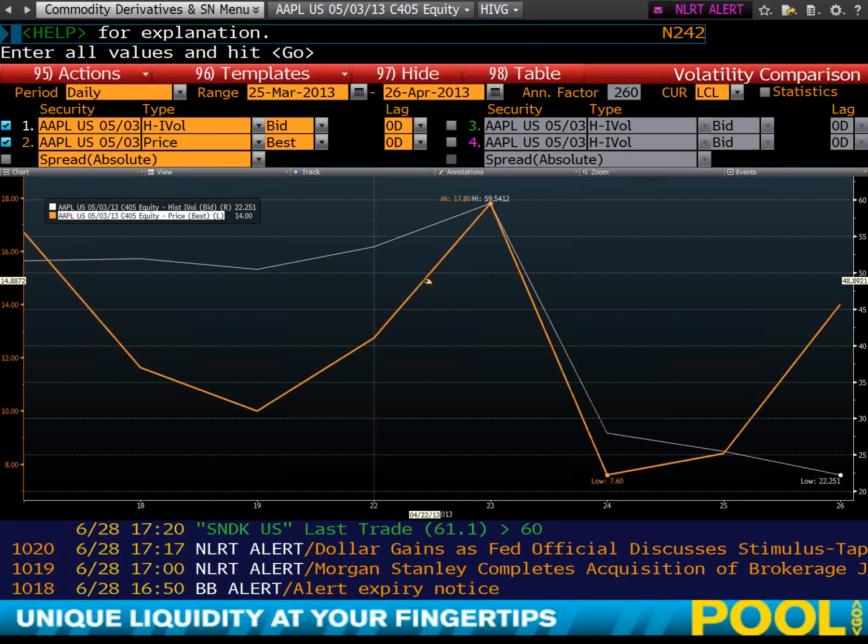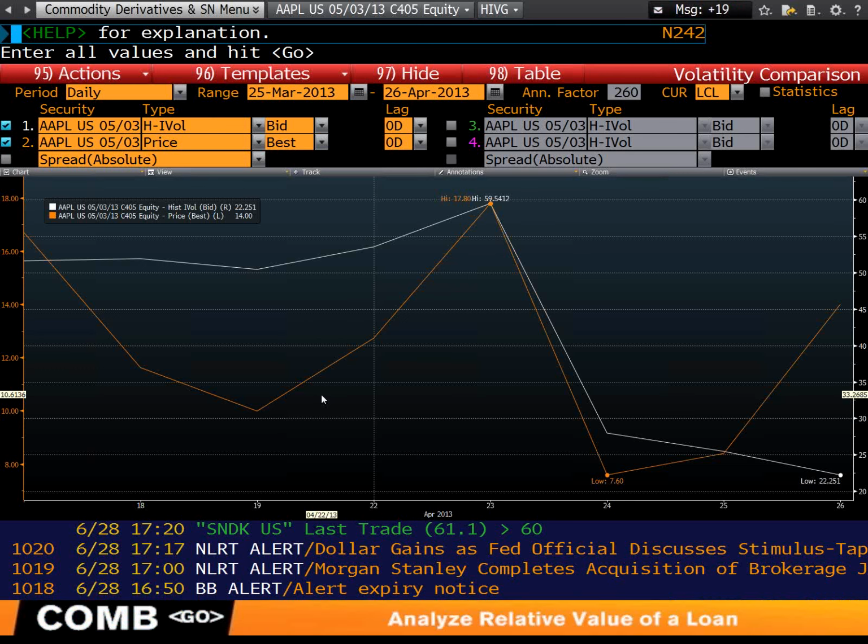Okay, so those matrices that I was showing you earlier basically would have shown you this type of dynamic, where the implied volatility starts pulling up the price of the option regardless of the move in the stock as you get closer and closer to the event. So we have used our imagination.